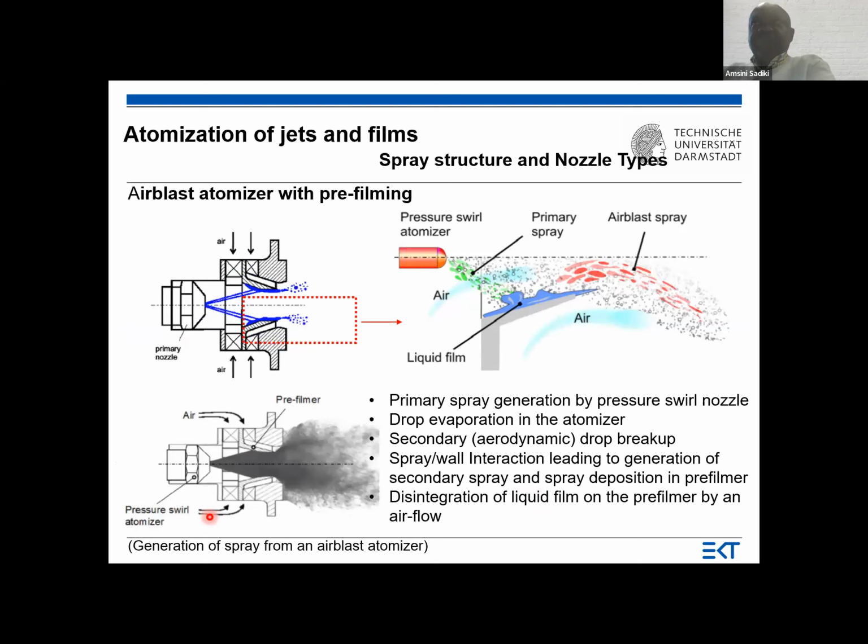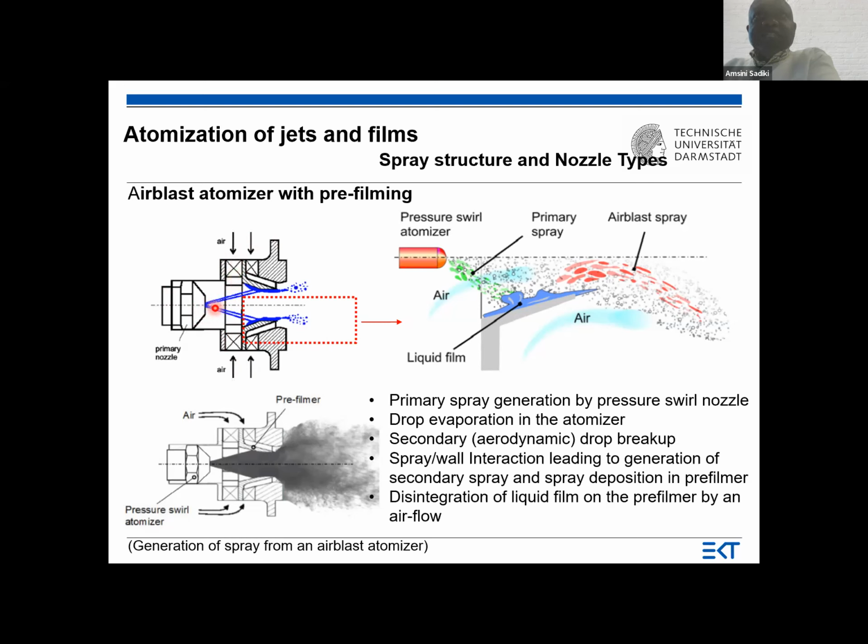It is a very nice investigation. I forgot to put the reference. It was carried out here in Darmstadt by the colleague Reusmann, a PhD student. So we have this air-blast atomizer with prefilming. This is the atomizer, and here we have this swirler.